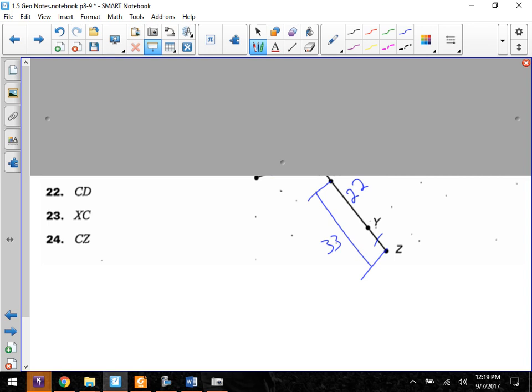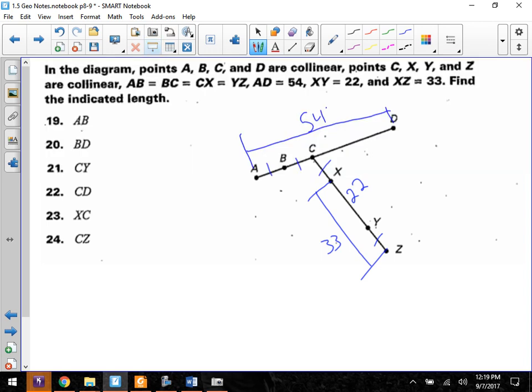Don't get overwhelmed when you see a big picture diagram, because all you have to do is cover up some of it and it falls into place super fast. So now if you know that that part is 11, what's this part? What's 11 plus 11? 22 plus what is 54? Very good.